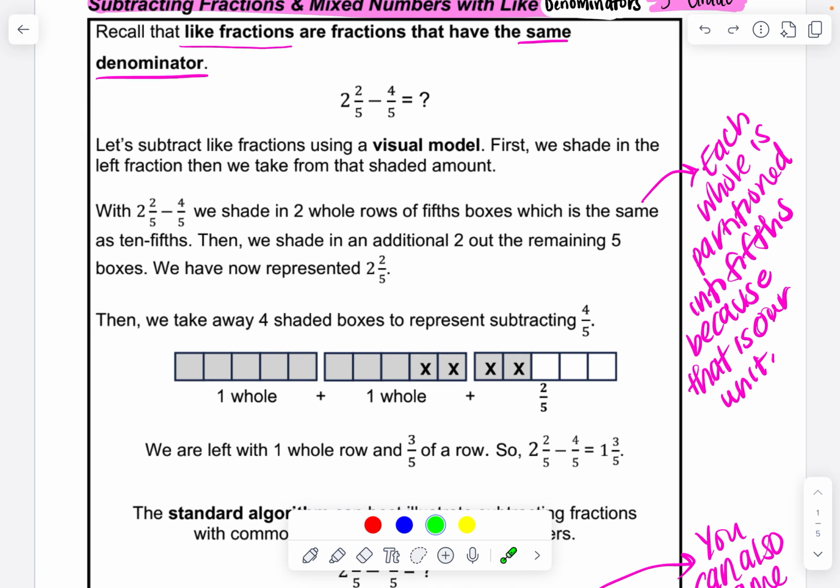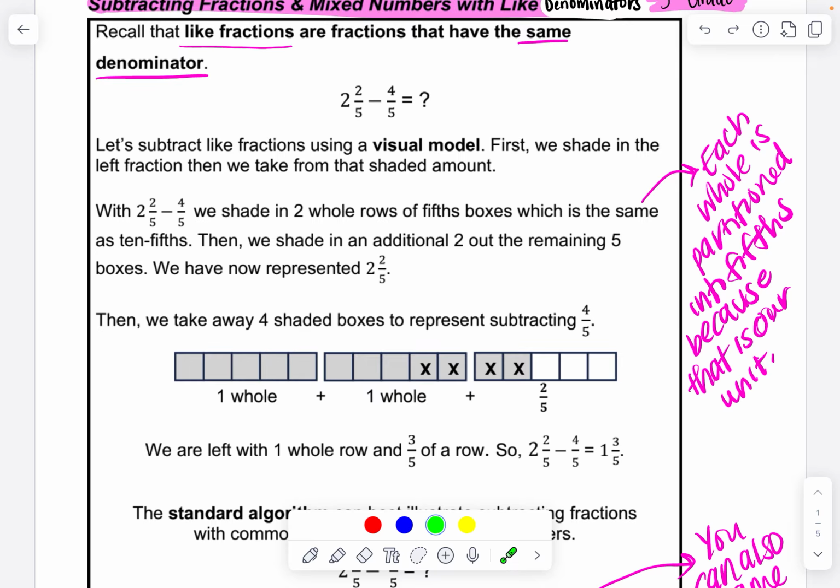Remind students that because the unit that we are working with in this question is fifths, all of our fraction models should be broken up into fifths.